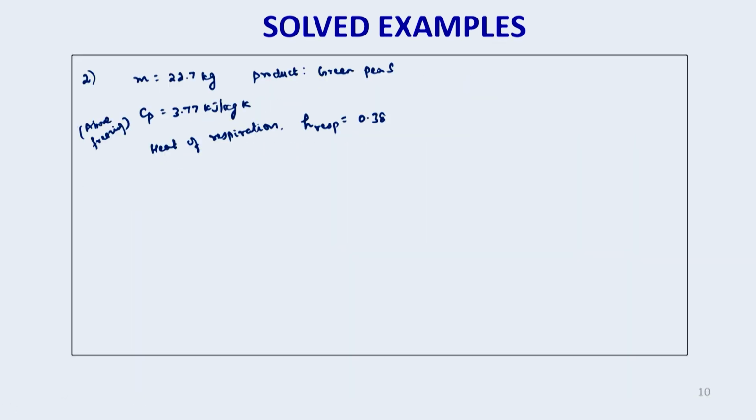So 0.38 kilojoule of heat of respiration per kg of green peas.